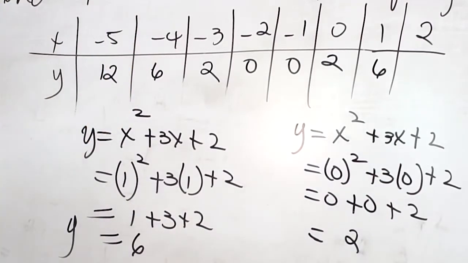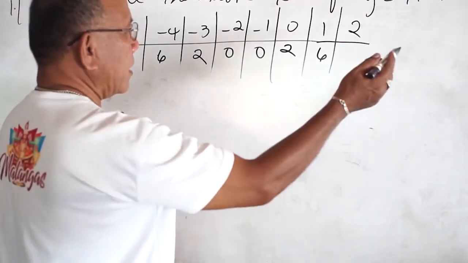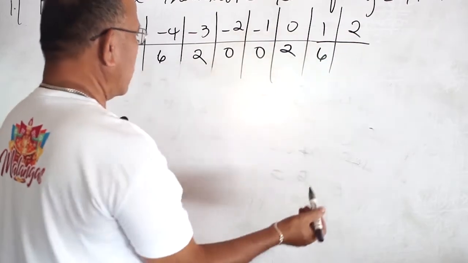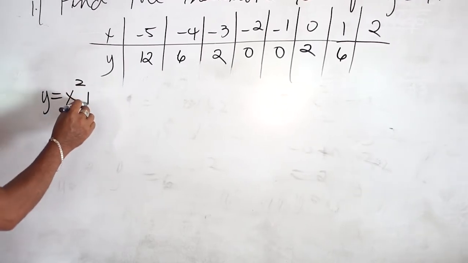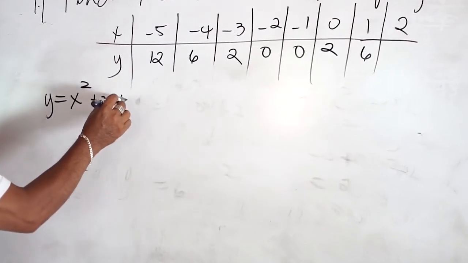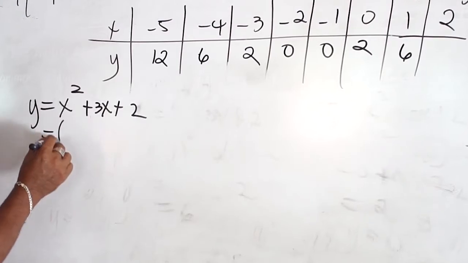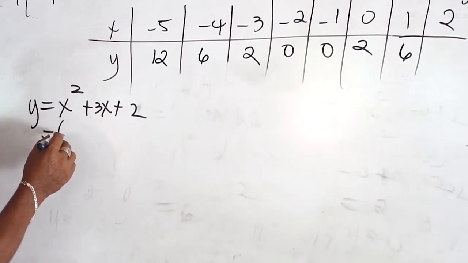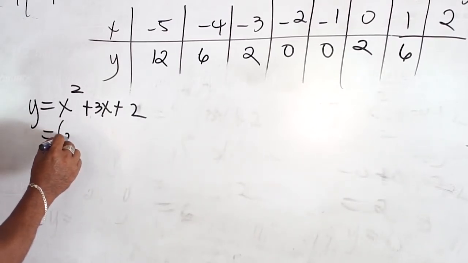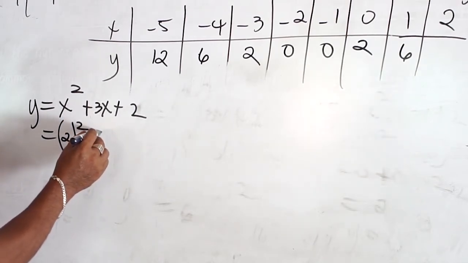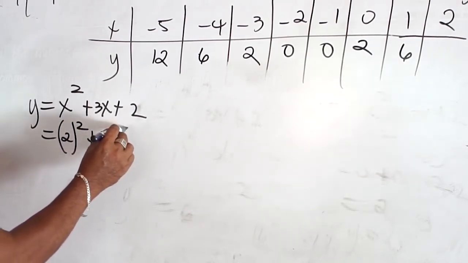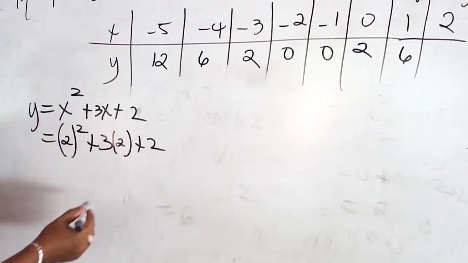Then last, if the value of x is positive 2, we have the equation y is equal to x squared plus 3x plus 2. Then simplify. If x is 2, then we have 2 squared plus 3 multiplied by 2, then plus 2.